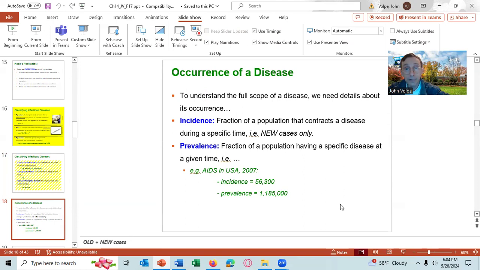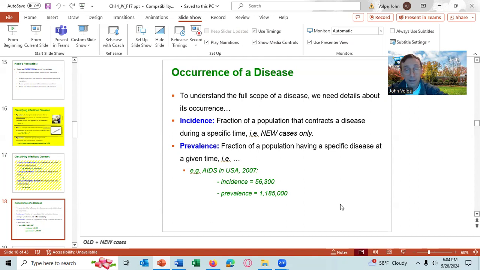Okay, to understand the full scope of a disease, we need some details about its occurrence. When we're talking about occurrence, you can separate diseases into two groups, the incidence and the prevalence. And you can call the incidence the new cases of disease and the prevalence both the new cases and the old cases. So the incidence is the fraction of a population that contracts a disease during a specific time.